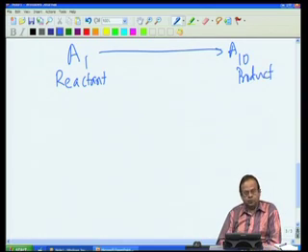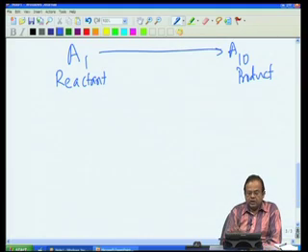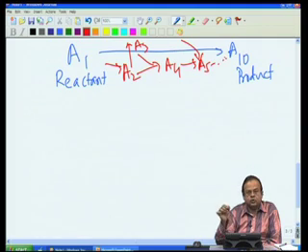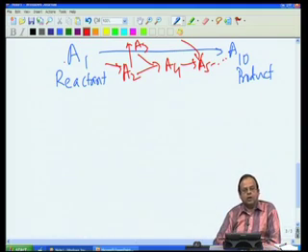What is my objective? When I say this, it is implied that I am able to measure my reactants and products. Intermediates are something which I am not able to measure. This reaction from reactant to product does not take place as a one step process, but maybe goes to A2, then A2 goes to A3, A3 combines with A2 to give A4 to A5, A1 combines with A5 and so on. So, a complex reaction network.